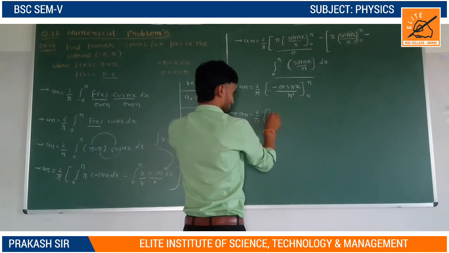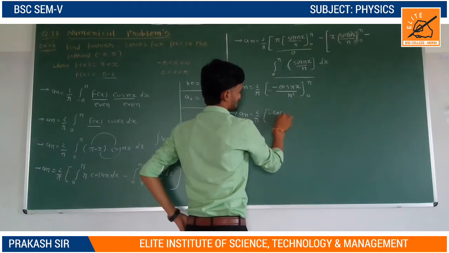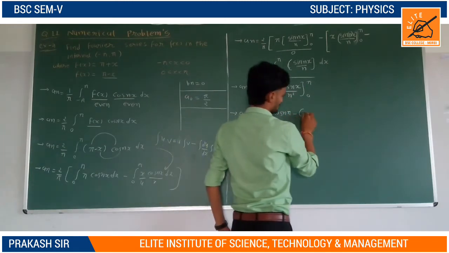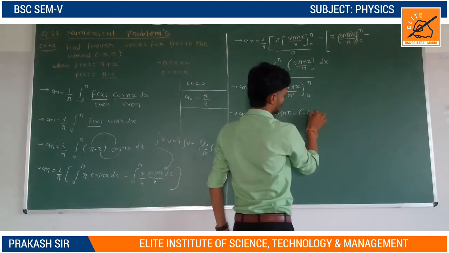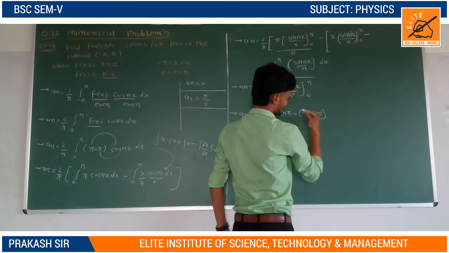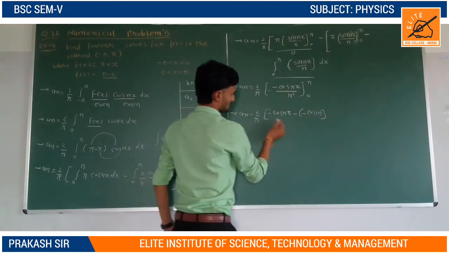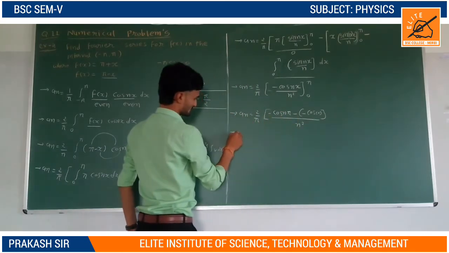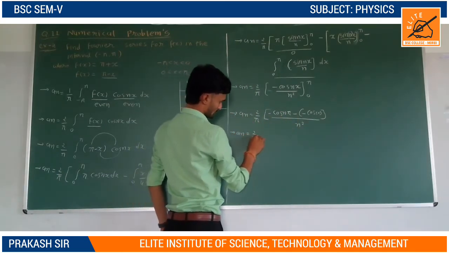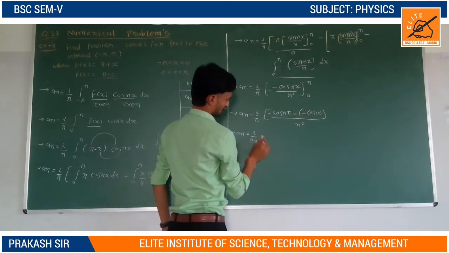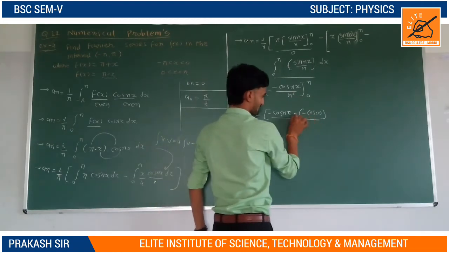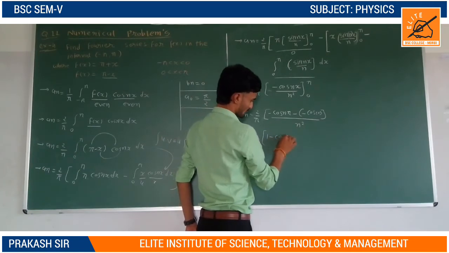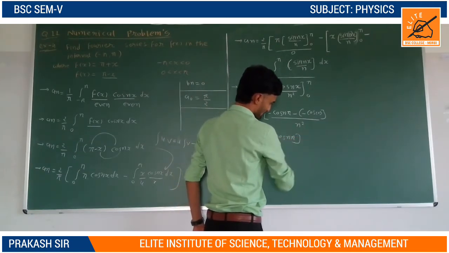Now upper limit cos n pi minus, again this minus cos 0 upon n square. N square is a constant. 2 upon pi n square, minus plus. Cos 0 is 1. So 1 minus cos n pi.